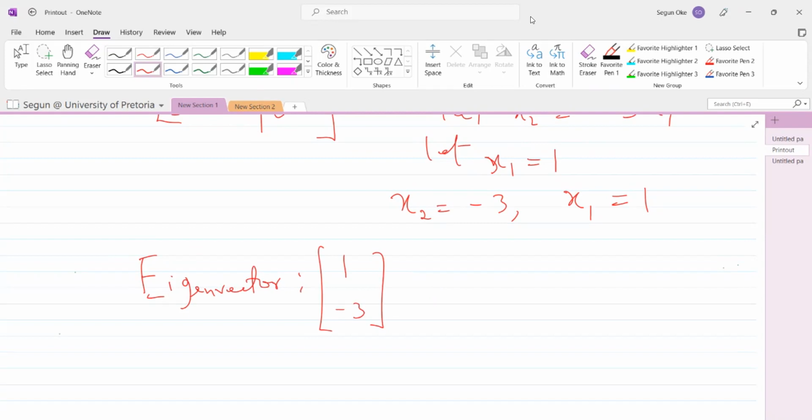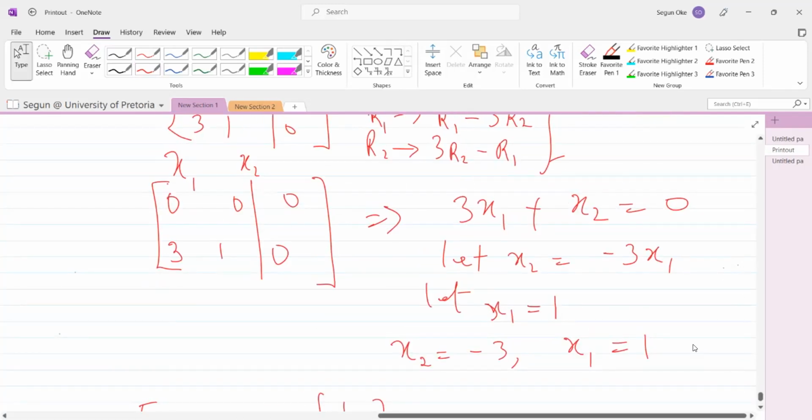Yes, sir. Go ahead. What if we decided to make x2 equal to 1? Are we not going to arrive at the same thing? You can try it if you set S2 equal to 1, but remember, it is always advisable to make the one with the coefficient to be 1.